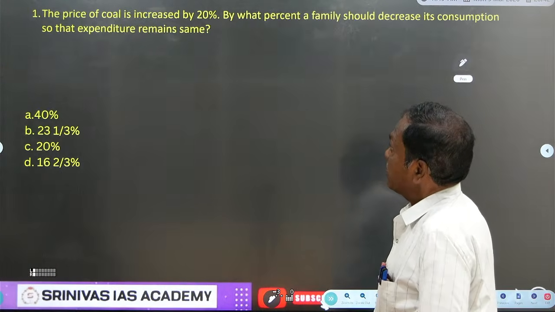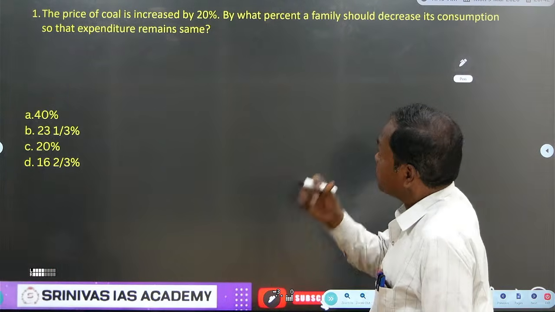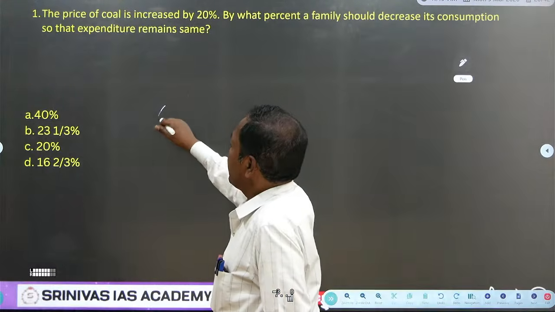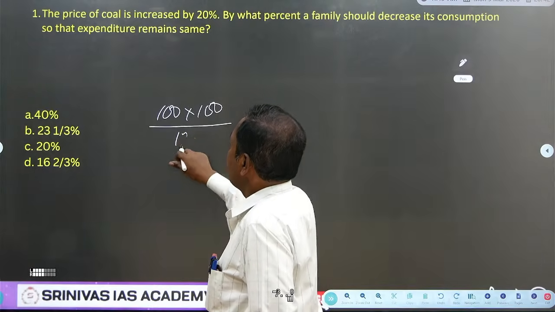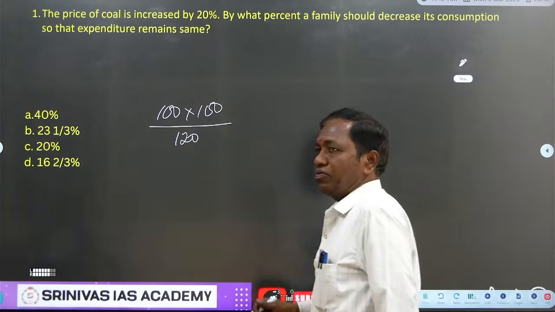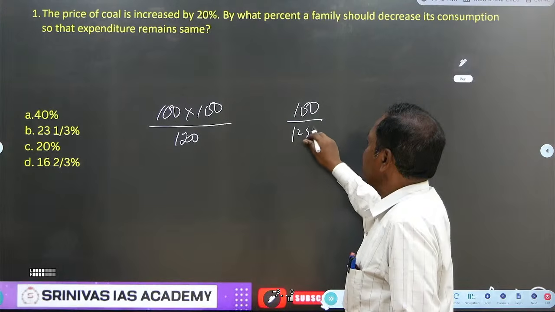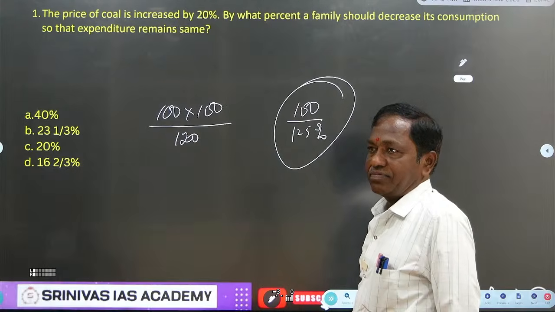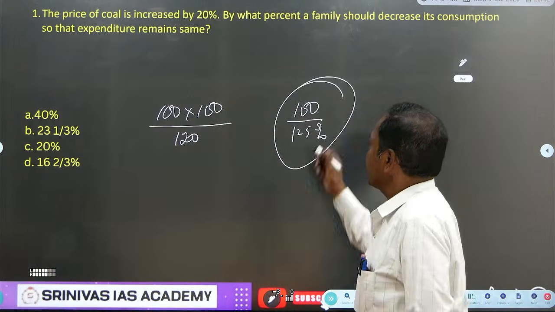Right. The price of coal is increased by 20%. By what percent should the family decrease its consumption so the expenditure remains the same? This means what? 100. Can we say 25% more? See, actually how to write the question, this is 100 by 125%. Originally we write like that, the initial.